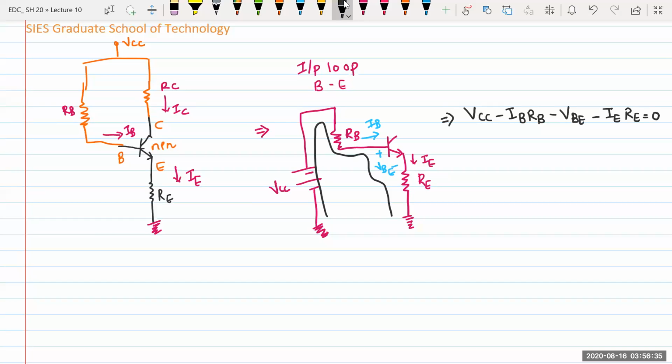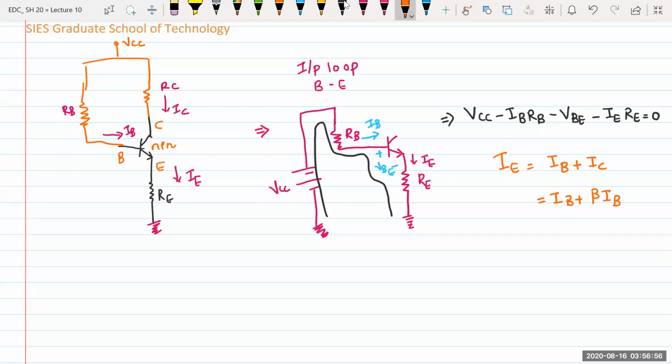From the input loop, we are supposed to find out IB. So first of all, IE we have to convert in terms of IB. So IE is equal to IB plus IC. But my IC is equal to beta IB.